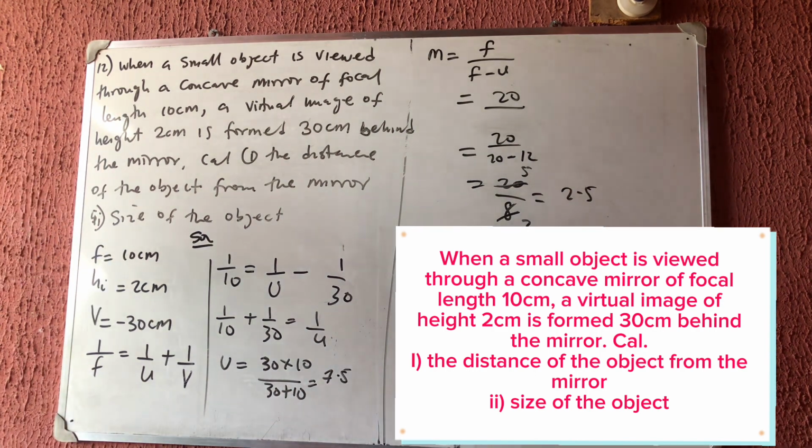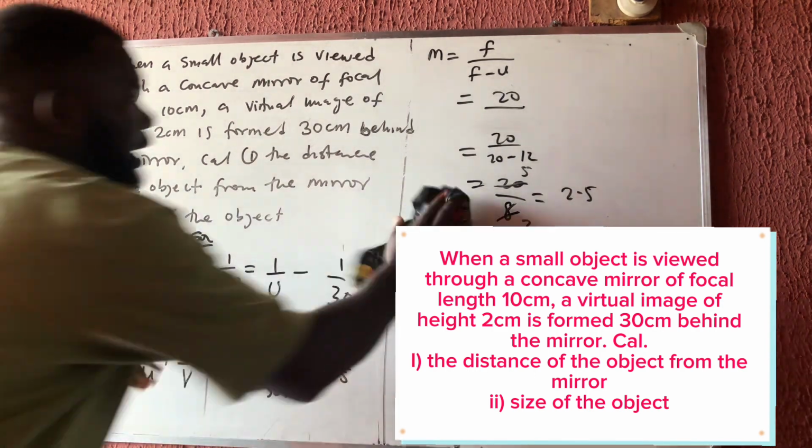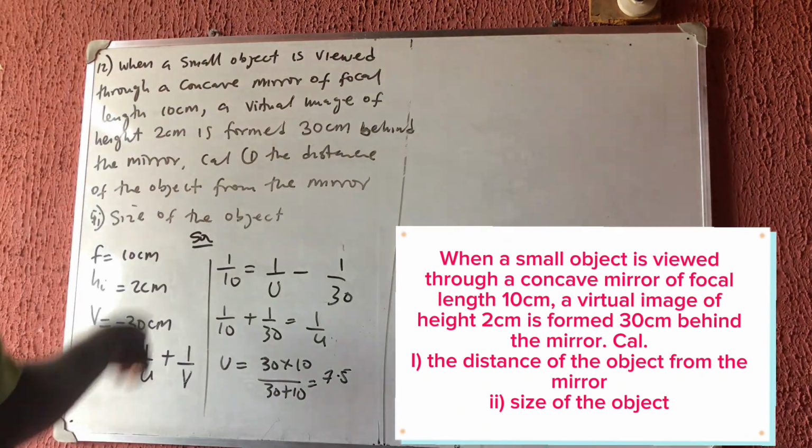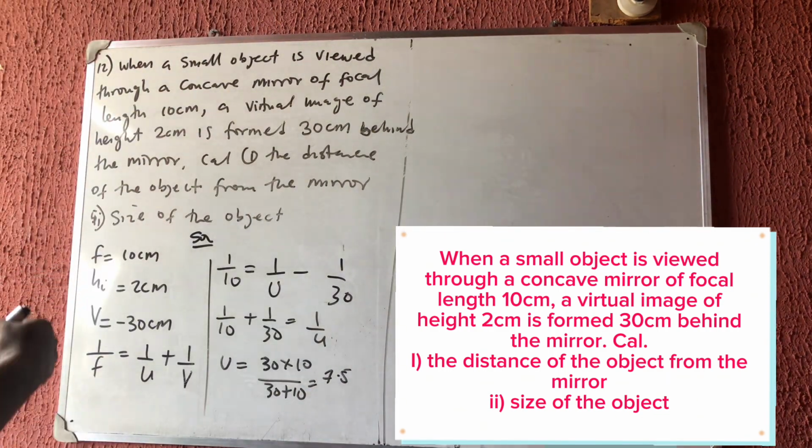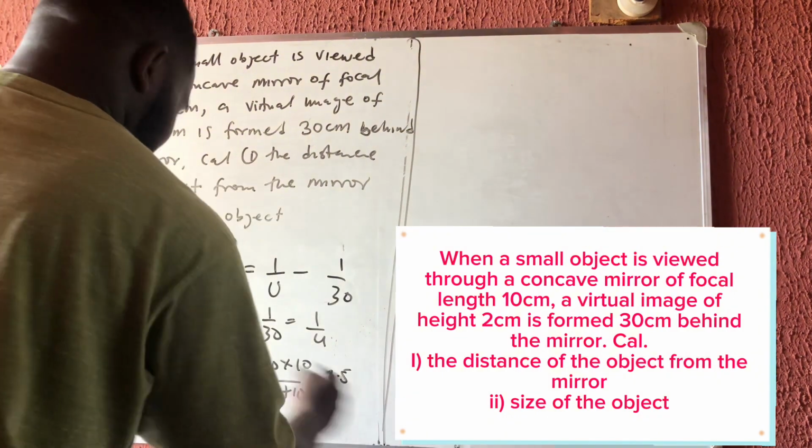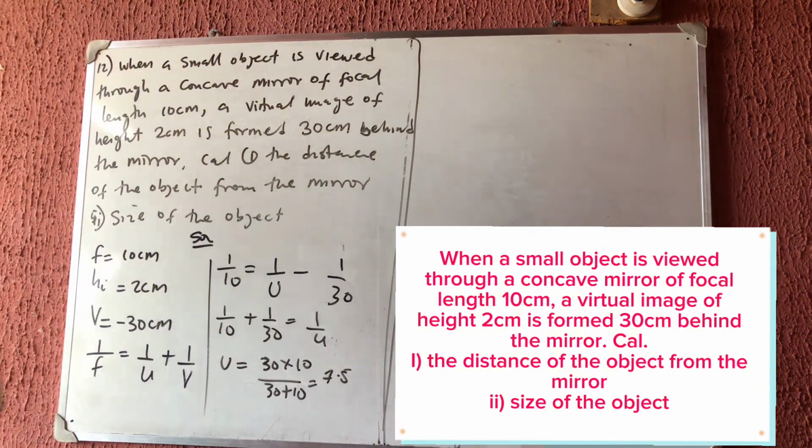Okay. So since we have this, the next thing they say we should find is the size. The size means the height of that object. And there is a formula you need to remember.